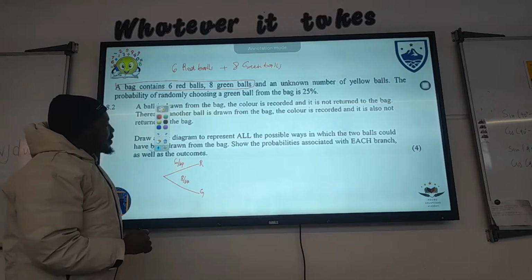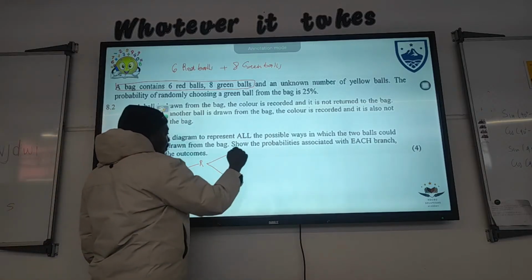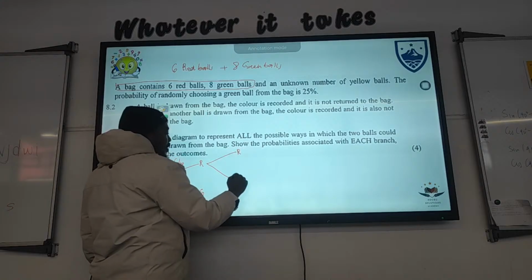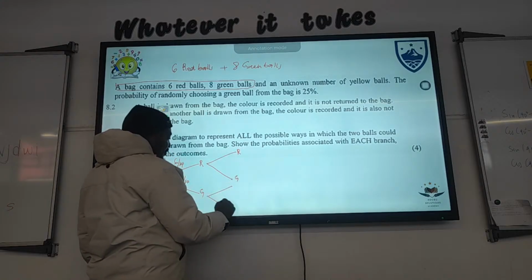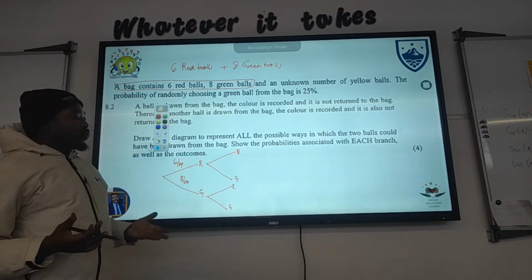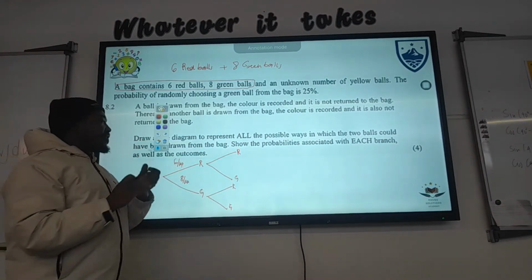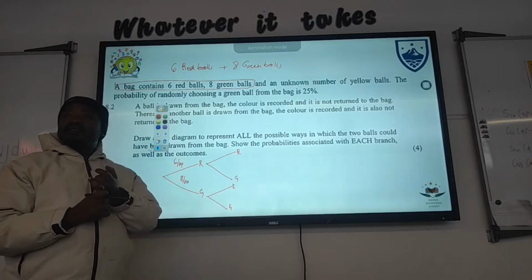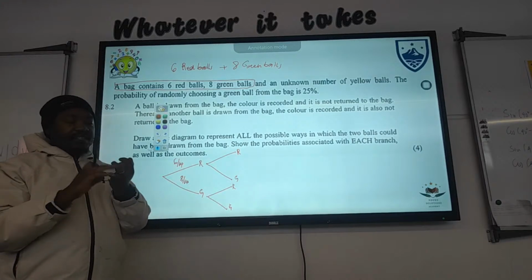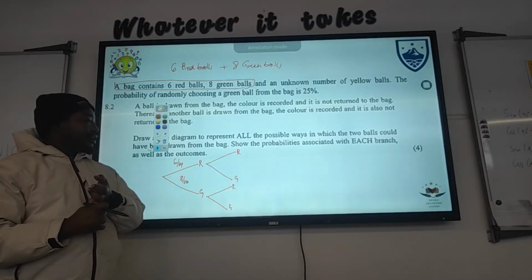Now, if I were to withdraw again, remember I still have a red ball and a green ball in the bag. The total number of balls didn't change because I put the ball back. I still have 6 red balls. I still have 8 green balls.